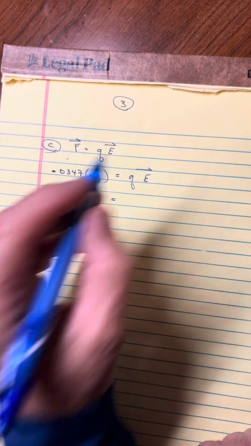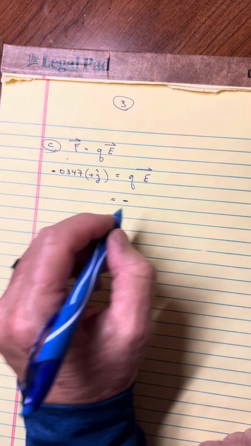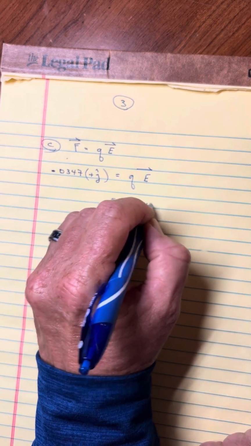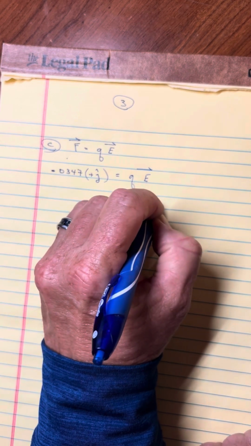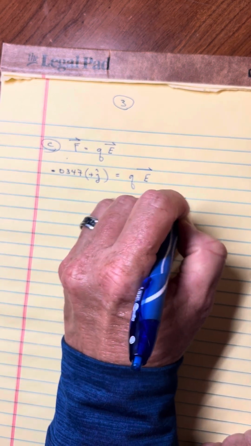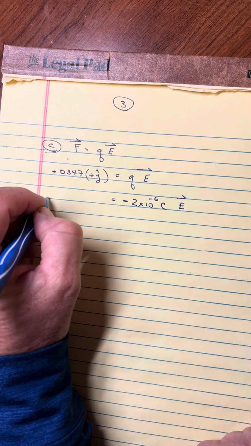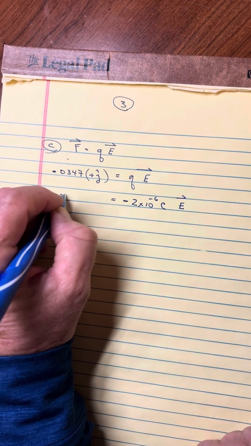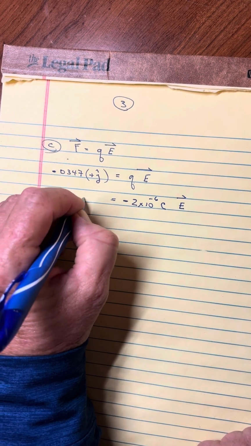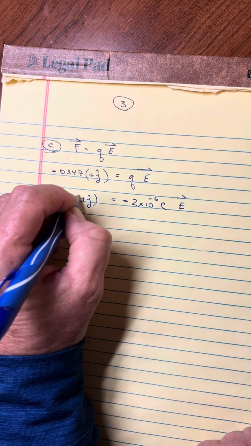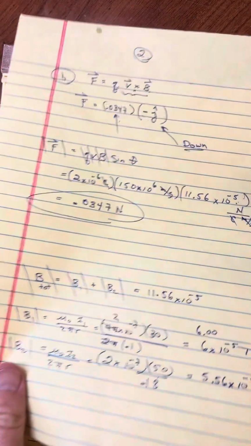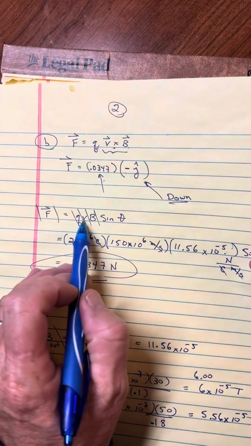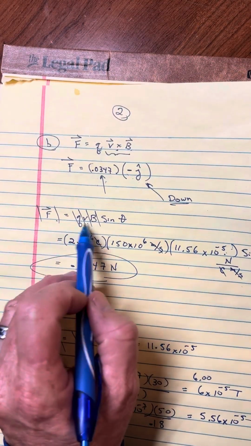And sure enough, you can see that when you put in the charge, -2 times 10 to the micro coulombs times our electric field. And by the way, notice in this case, I did not do the magnitude like I did so often with a cross product, where I get the magnitude of F is equal to this.